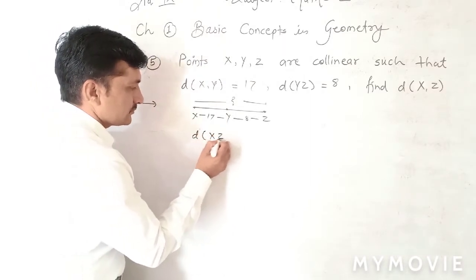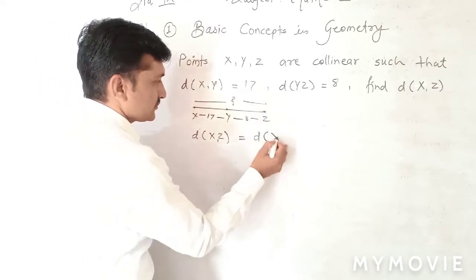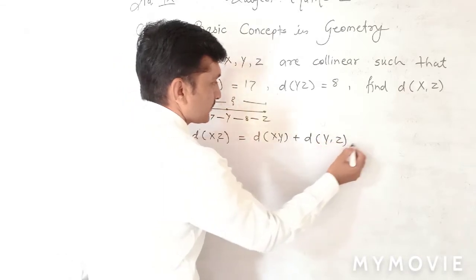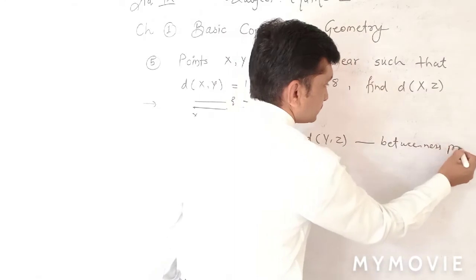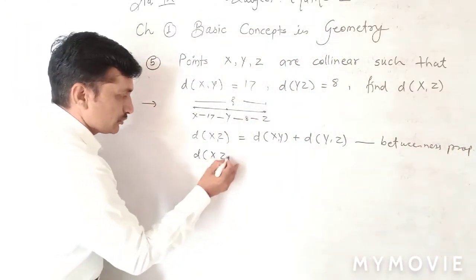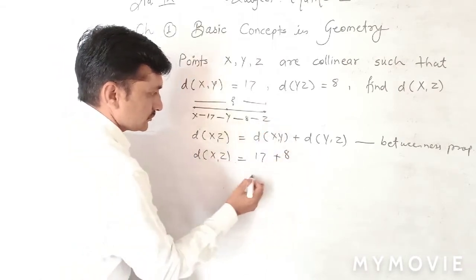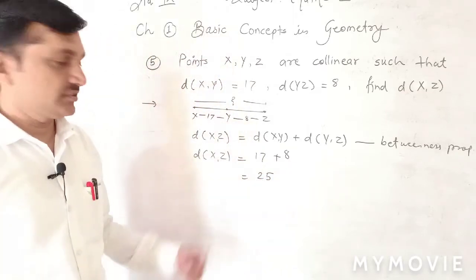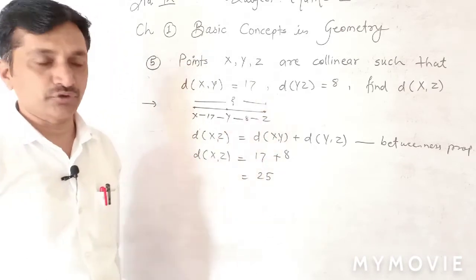Distance XZ is equal to the total segment, distance XY plus distance YZ. Distance XZ is equal to 17 plus 8, which is total 25. This is the first possibility. Distance XZ is equal to 25 by the first possibility.